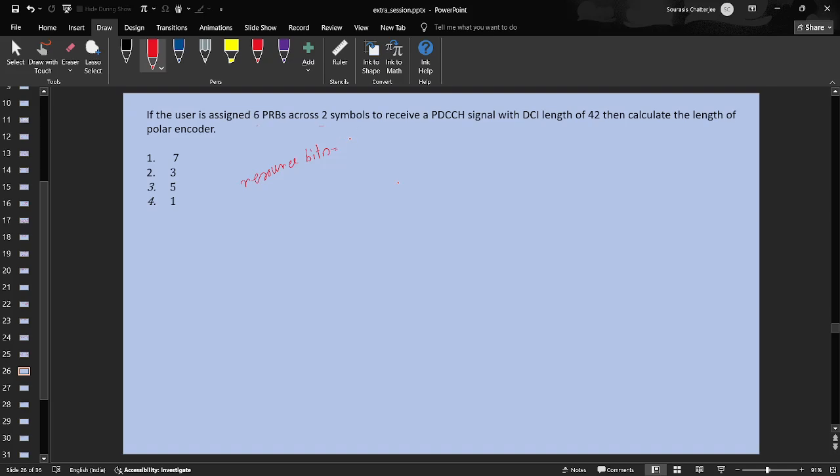The resource bits available for transmission here you have already seen, that is 216, and our DCI length is 42. So how do I calculate the length of the polar encoder here? DCI plus 24-bit CRC will be appended.